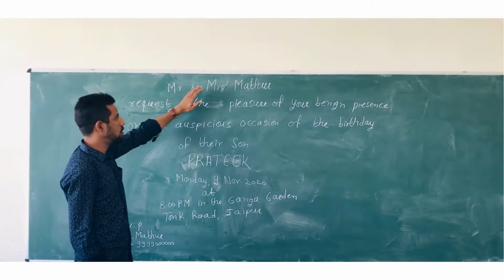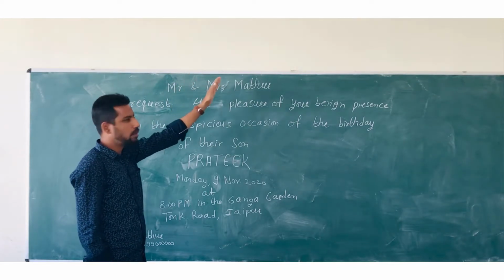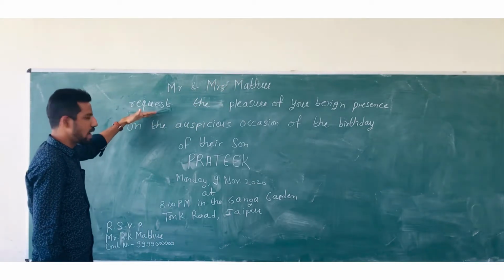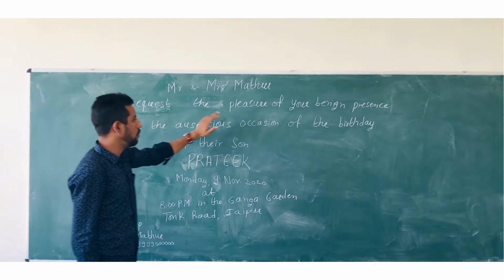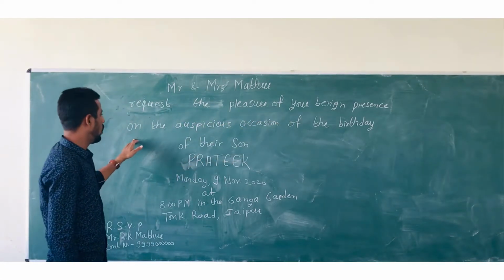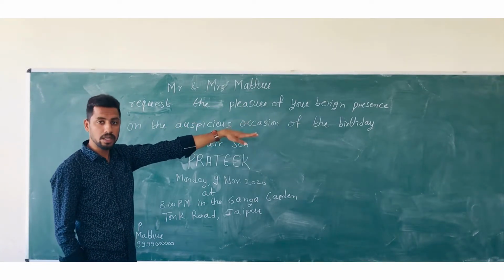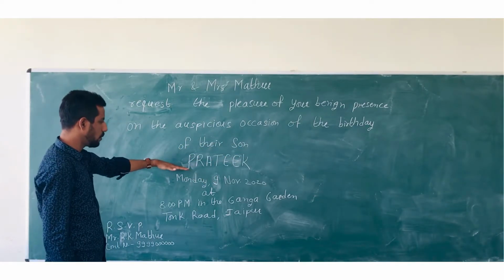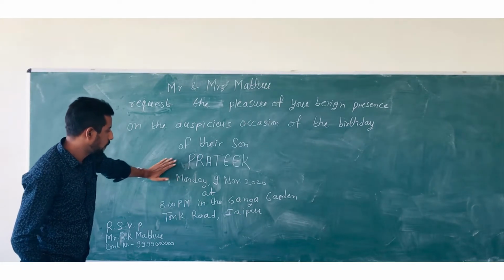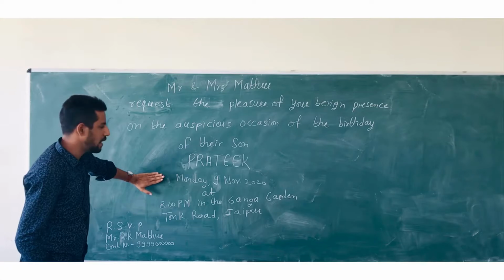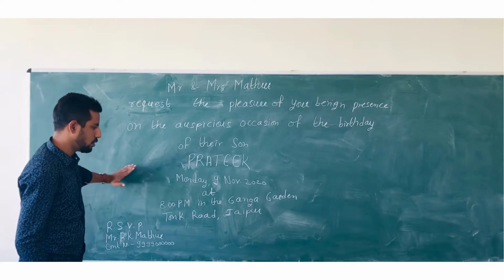Otherwise, if it's a singular noun phrase or a singular noun, like the principal of the school, it would be "requests." Here it is plural, so request the pleasure of your benign presence on the auspicious occasion of the birthday of their son. The name of their son, Prateek, the name of the honoree. Day, Monday, date 9th November 2020, time 8 p.m., venue the Ganga Garden, Tonk Road, Jaipur.